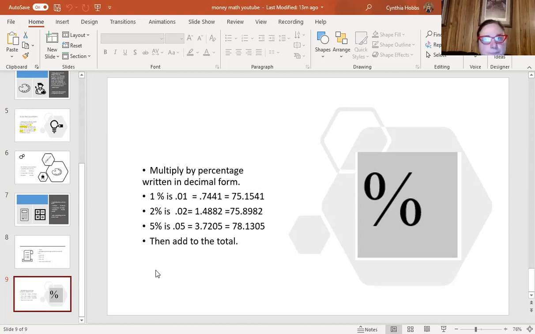Now, depending on what the total is, if you just want to find the sales price, all you have to do is multiply by 0.2 for 20%, and then you can subtract it, and that's how much you would save. So let's see, let me do a new share.